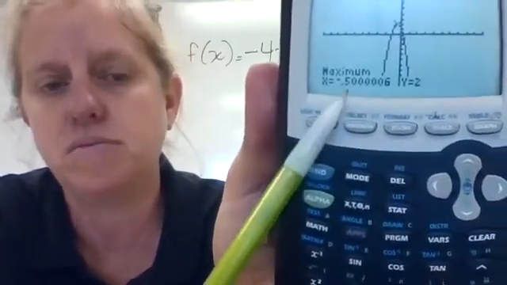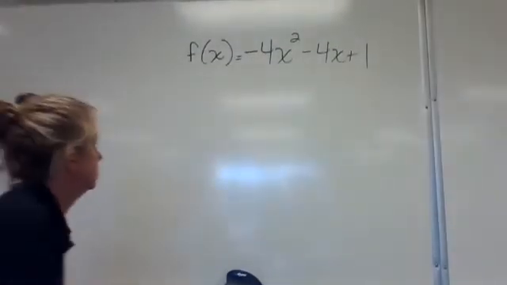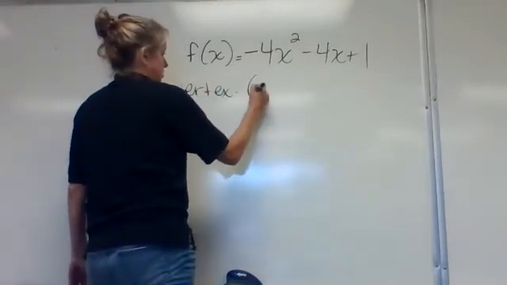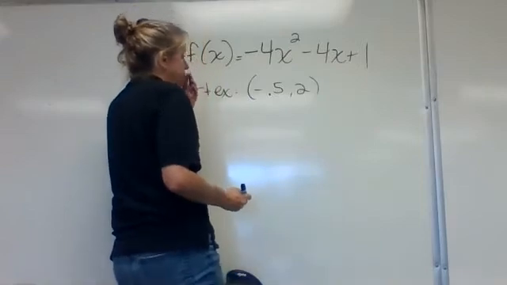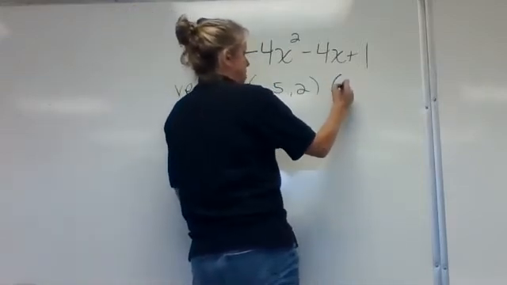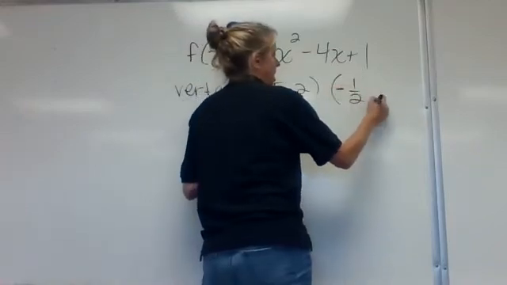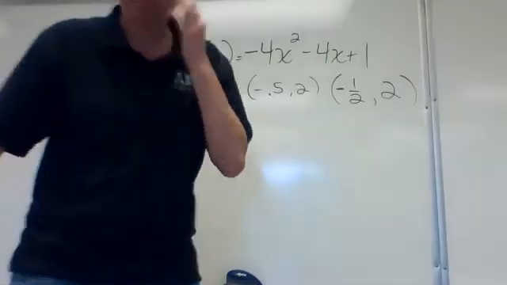So this one's vertex is at negative 0.5, 2. And when I type this into MATLAB, I need to type it in as negative 1/2, 2, since 0.5 is a half.